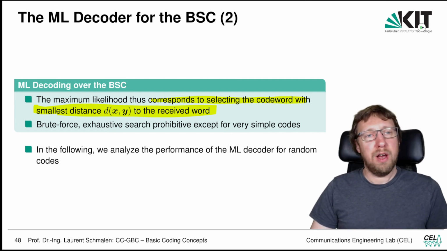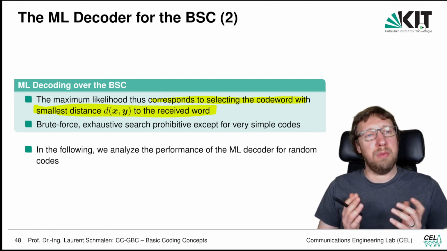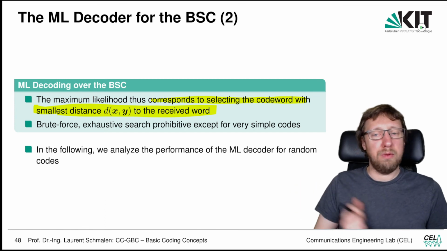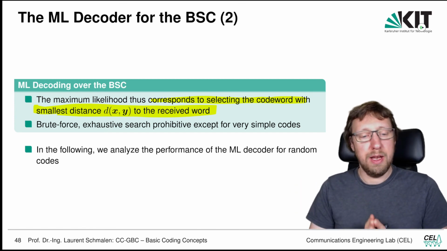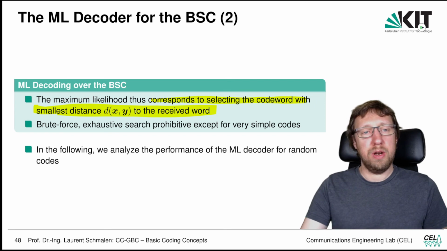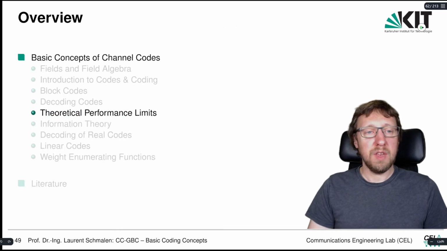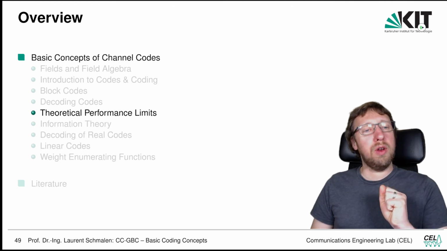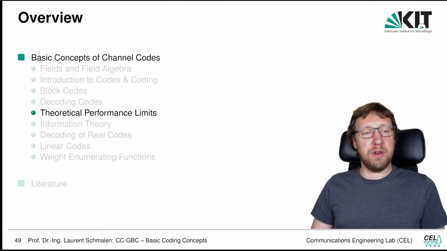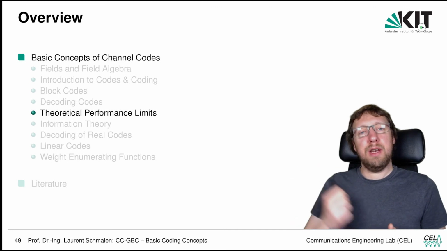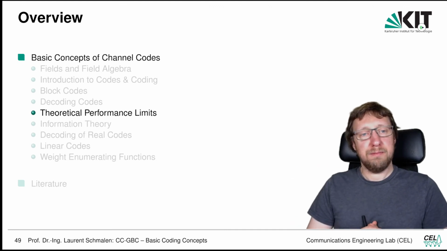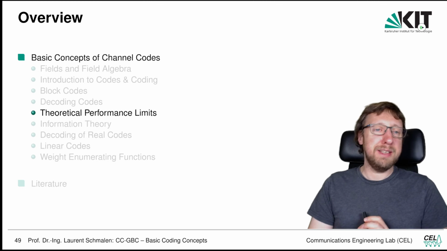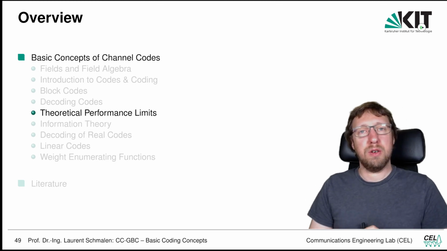We will also encounter the maximum likelihood decoder for the binary erasure channel later when we look at LDPC codes or in the tutorial, I believe. So now in the next part, we're looking at the maximum likelihood decoder for a very special class of codes and get some theoretical performance limits. So with this, we wrap up this video, and I'm looking forward to seeing you in the next one.